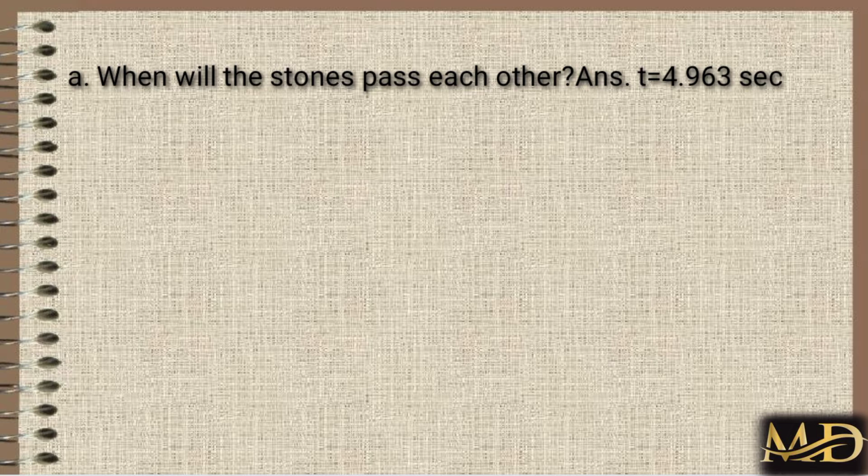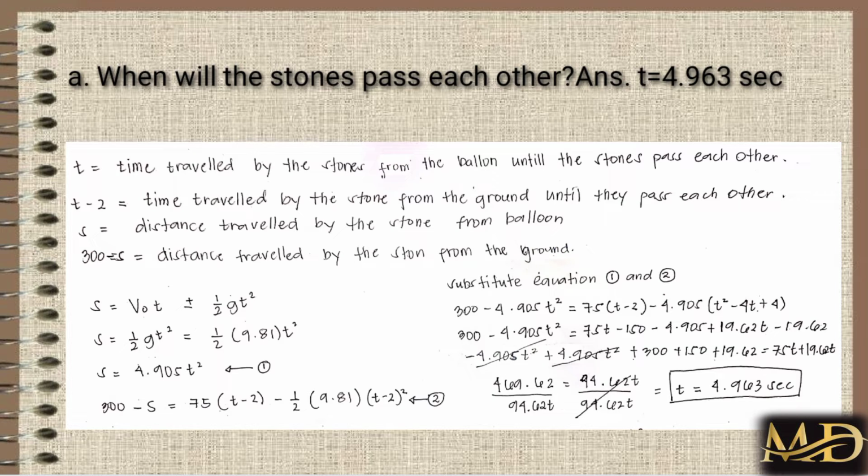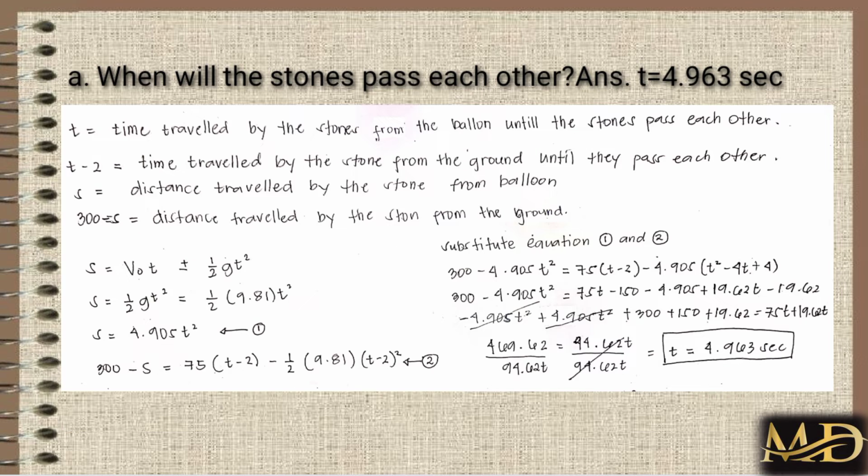So T is equal to the time traveled by the stone from the balloon until the stones pass each other.